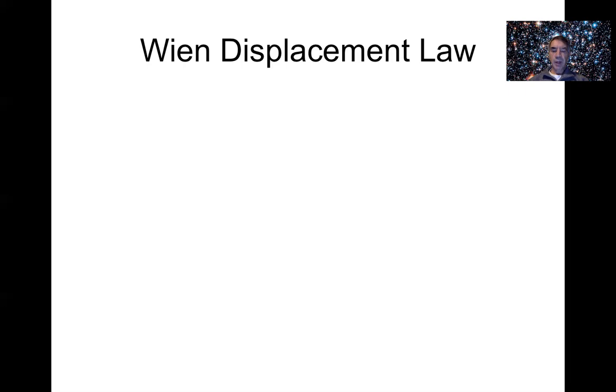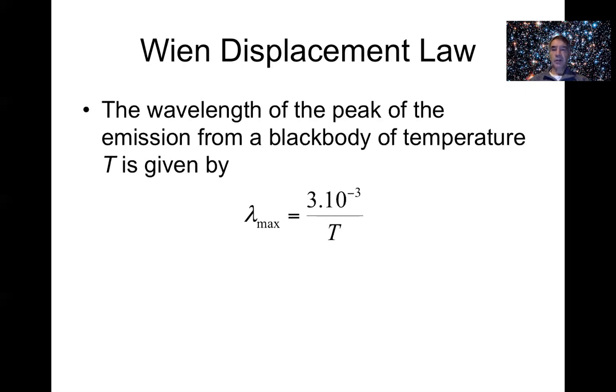This is to do with where the peak of the emitted spectrum from a black body occurs, at what wavelength that peak in the black body curve occurs. It's given by a very simple formula that only depends on the temperature, given here.